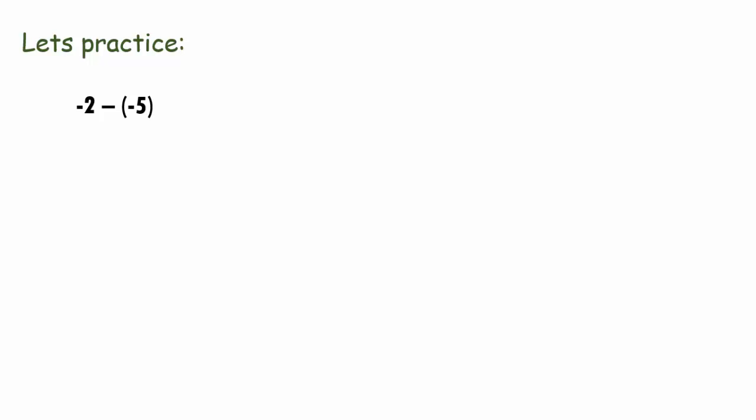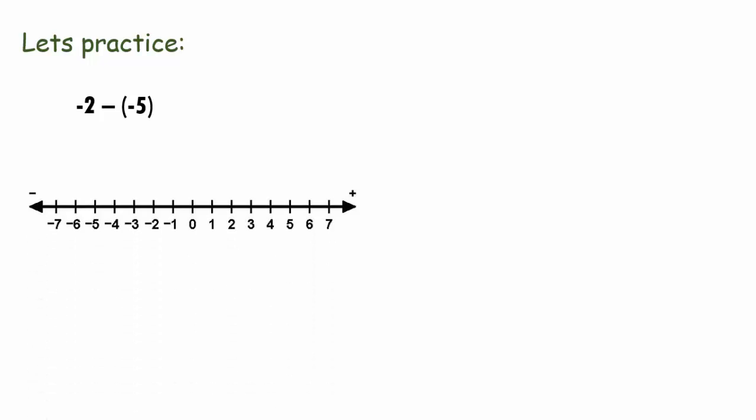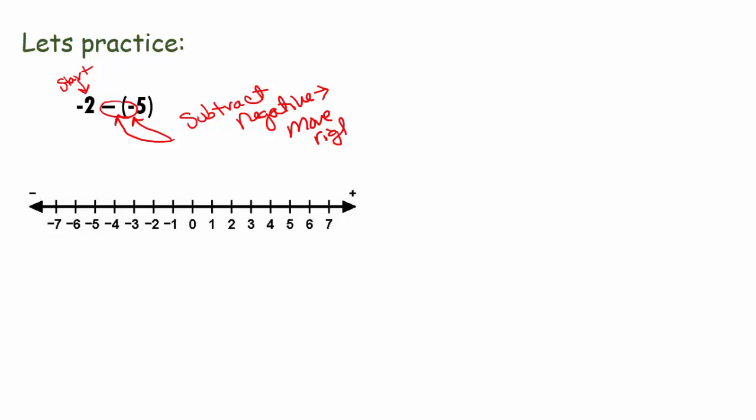I'm hoping you're going to pause and try this one on your own. If you need to stick with me, just stick with me. Negative 2 minus a negative 5. So again, that negative 2 is just our starting point. And then minus a negative. As soon as I'm subtracting a negative, I say, okay, I must move right.